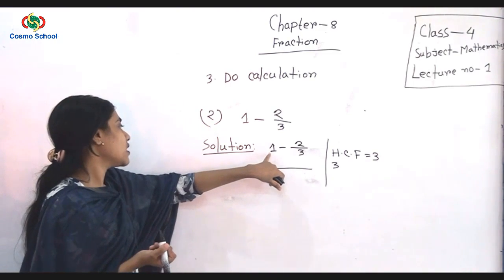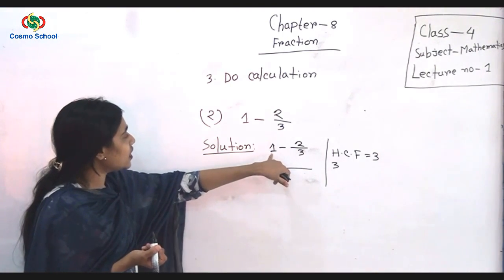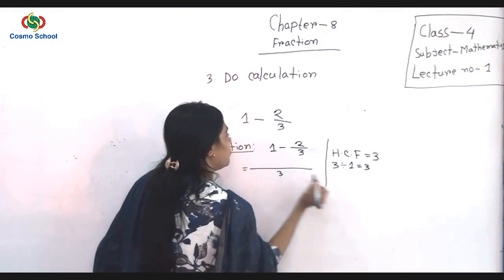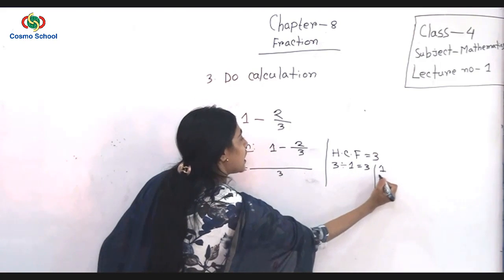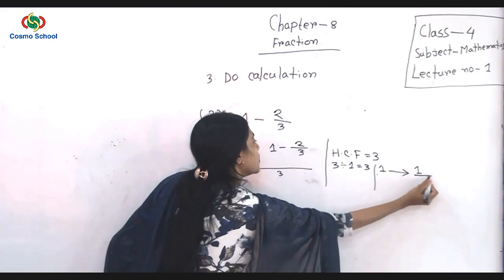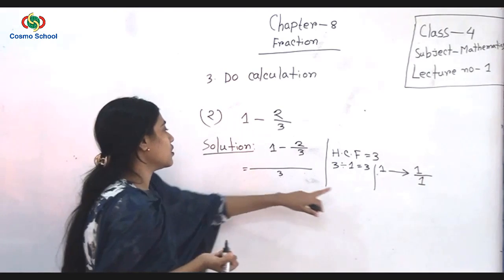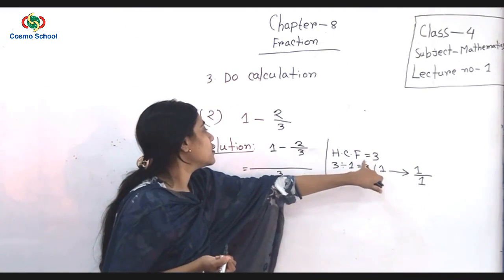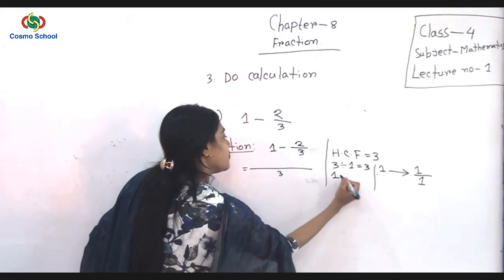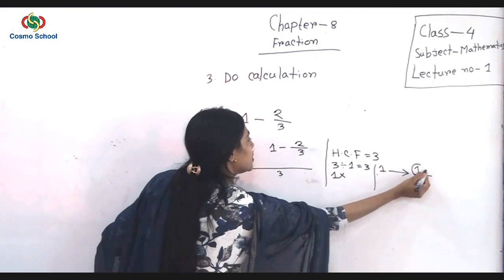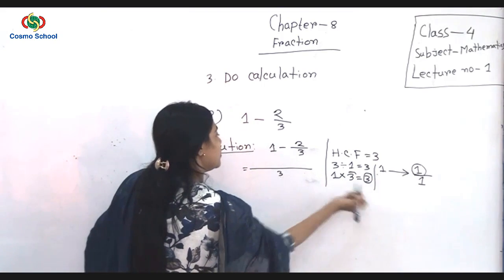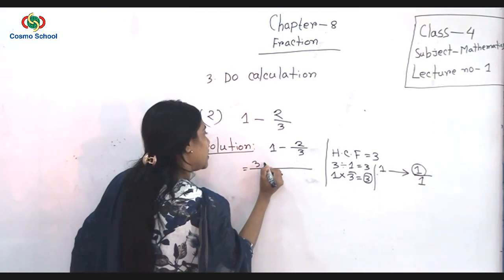I suppose that here the denominator is 1. So 3 divided by 1 equals 3. Suppose this number I can write as 1. So this 1 is divided by the HCF and I get 3. This 3 is now multiplied by the numerator 1 and I get the result 3. This 3 is put in here.